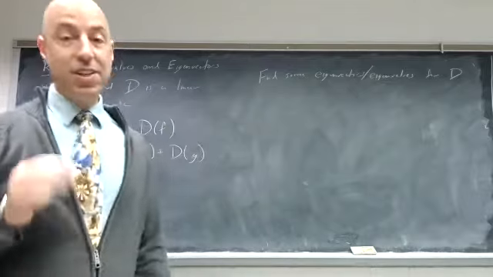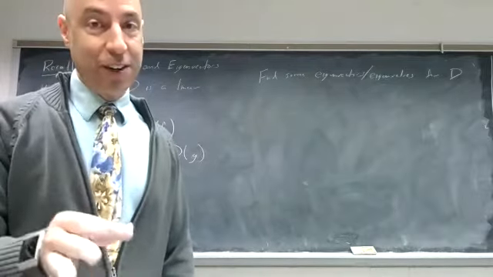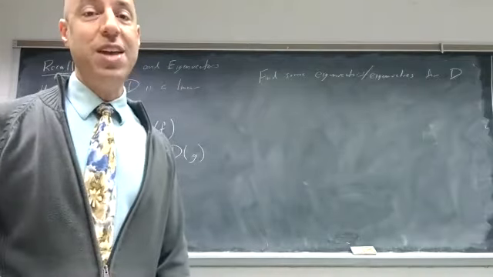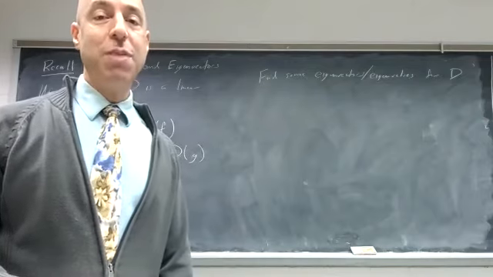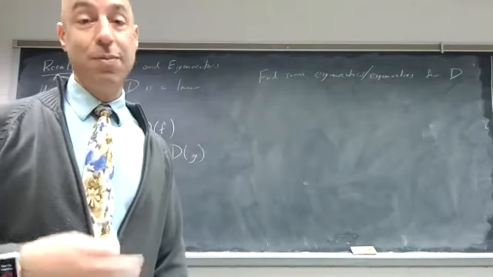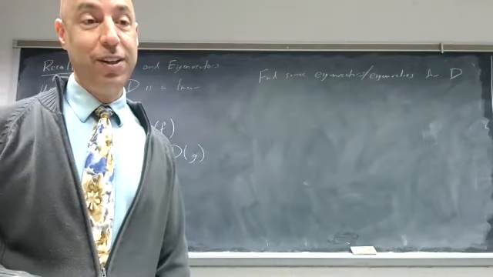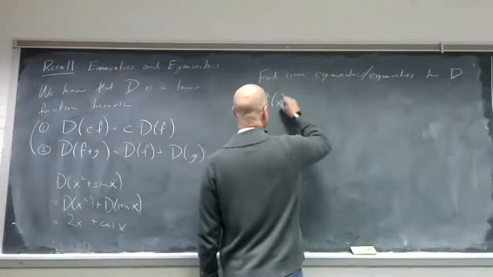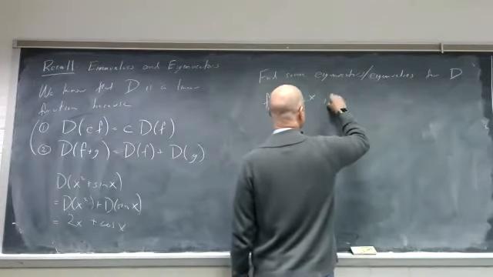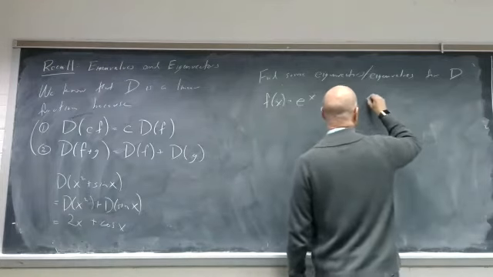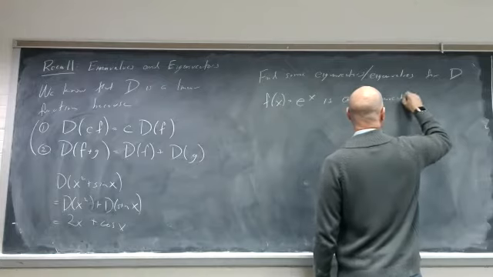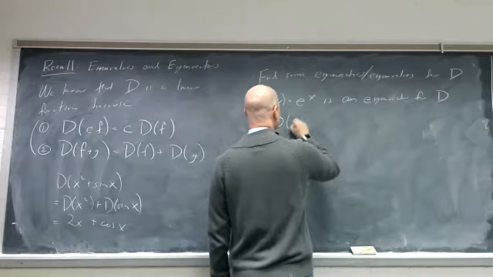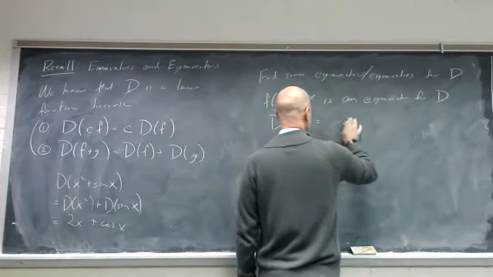Can you think of a non-zero function? Remember, the zero vector does not count as an eigenvector. Can you think of a non-zero function such that when you take the derivative of it, you end up with a multiple of the original function? And that multiple could be 1 if you want. e to the x. So f of x equals e to the x is an eigenvector for D, because D e to the x is equal to 1 times e to the x.